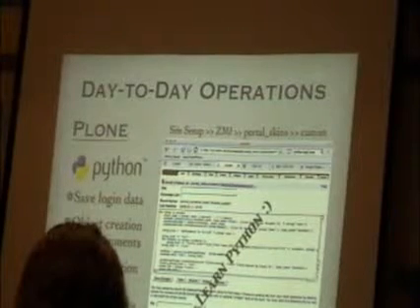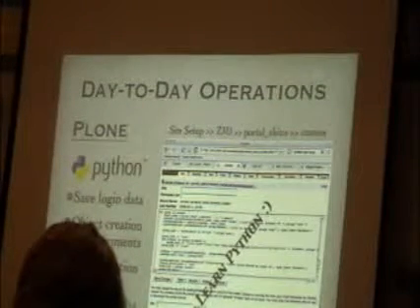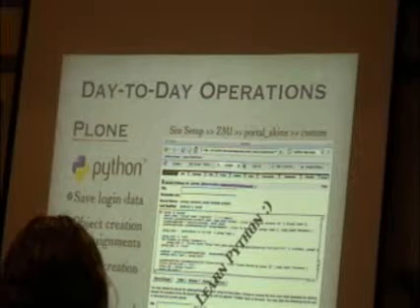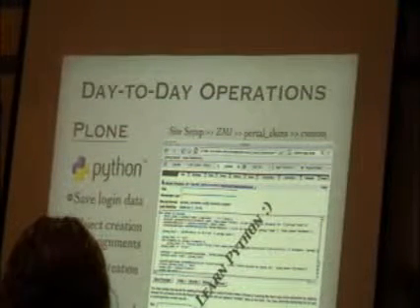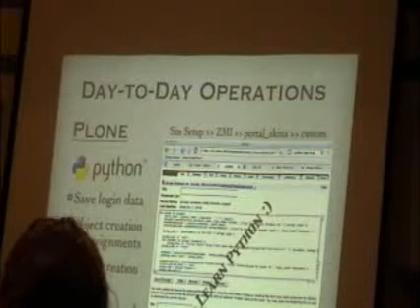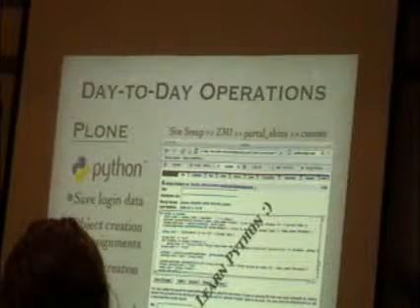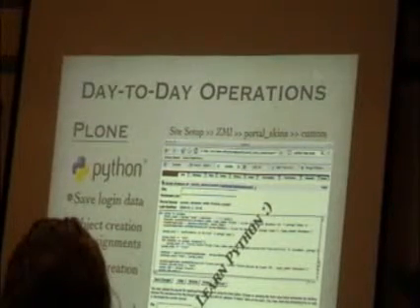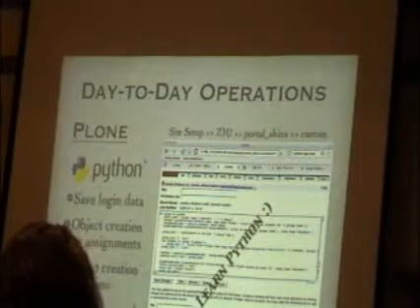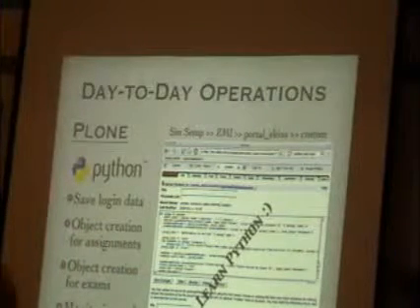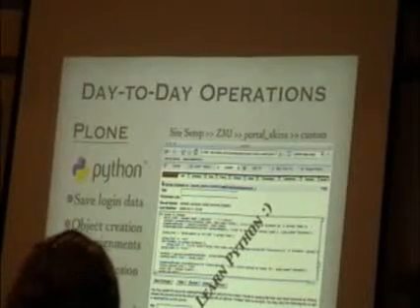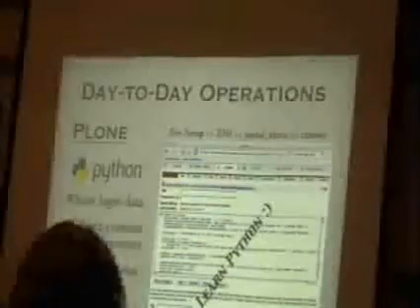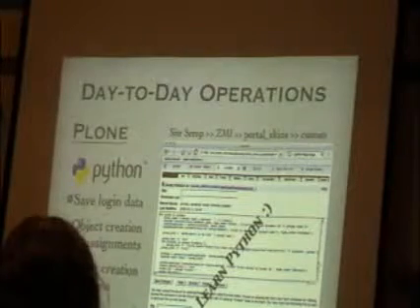Top right, where it says Site Setup, ZMI, Portal Skins, Custom, that's a handy place to put your scripts because you can run them from different places on the website. You can just add the name of the Python script that you added to the custom directory wherever you are. You're logged in with manager rights, of course, and you can run it at that place.